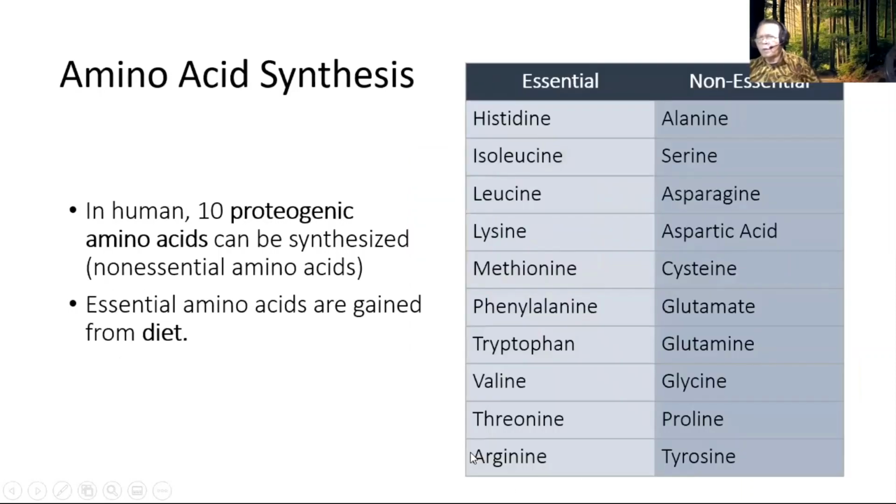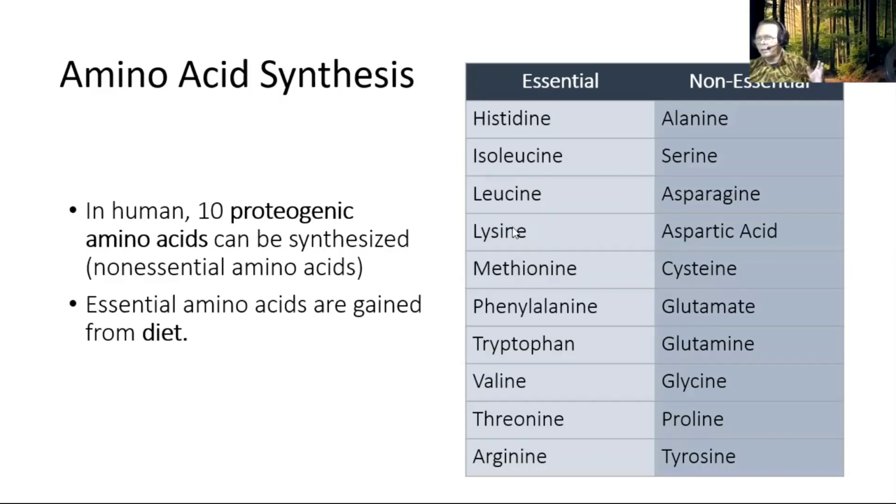Now let's move to amino acid synthesis. In humans, 10 proteogenic amino acids can be synthesized. This is what we call non-essential amino acids. Essential amino acids are gained from the diet.